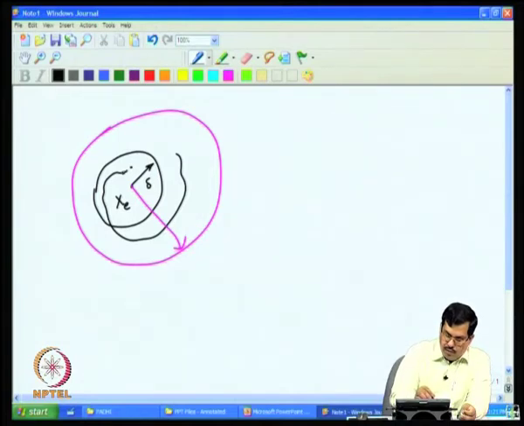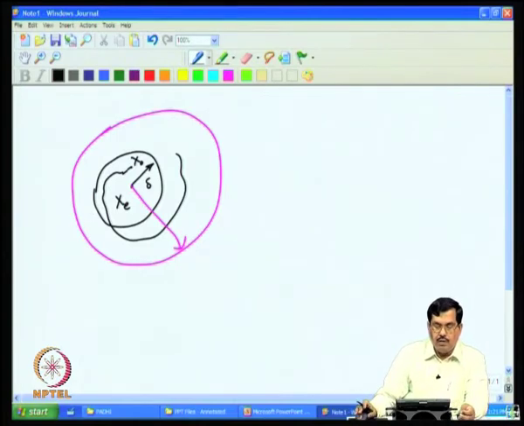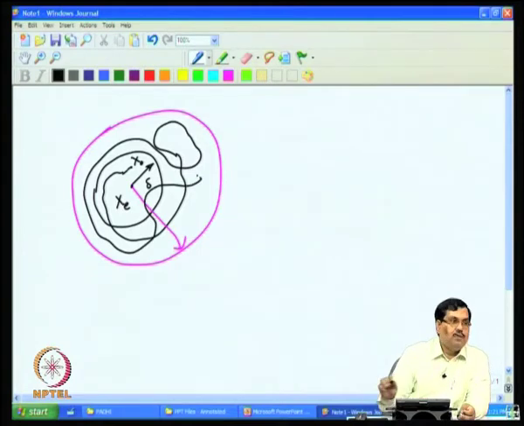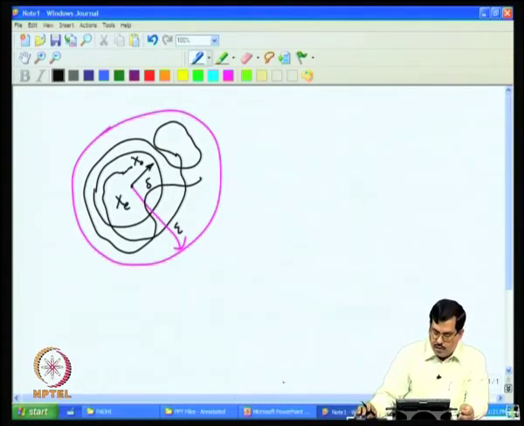If I start within a ball of radius delta, I will keep on moving around, and I can go wherever I want, but I will never leave this space. And this epsilon has to be finite, of course.